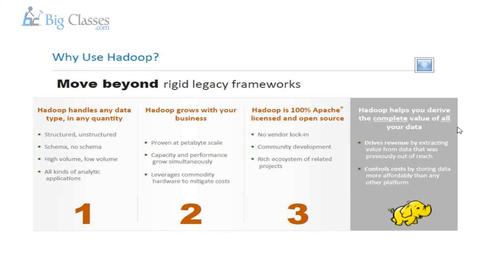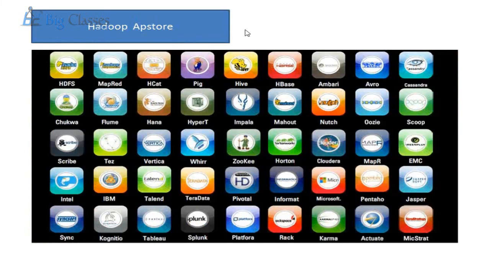You have an Apache software framework, where all the applications I have shown you here, Venkat, all the apps you are seeing here, are part of the Apache software project.